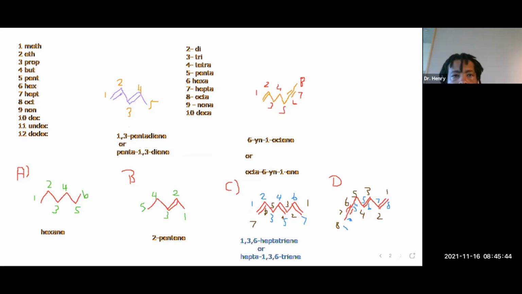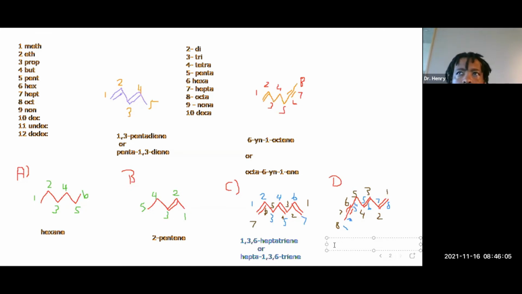So go ahead and start naming it. Let's see, brown numbers. So we have a triple bond and we have two double bonds. So let's do the base first.